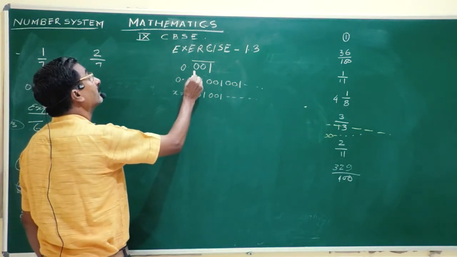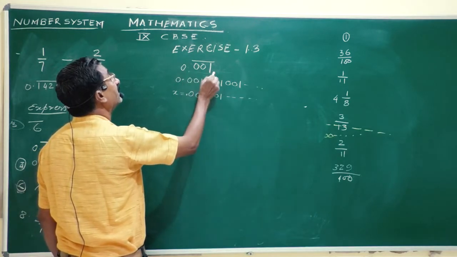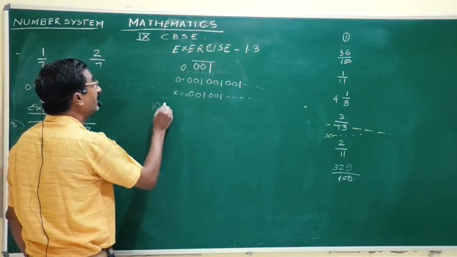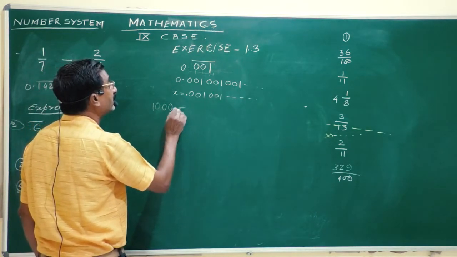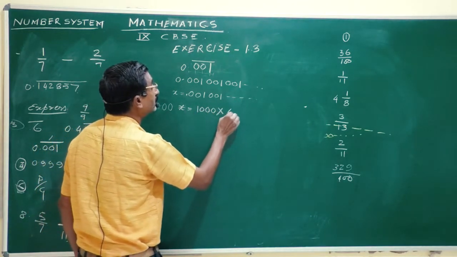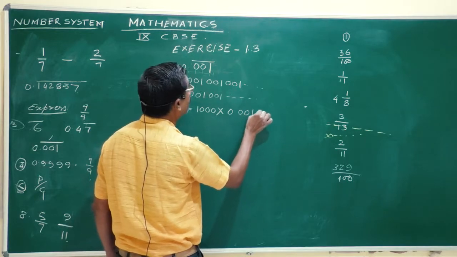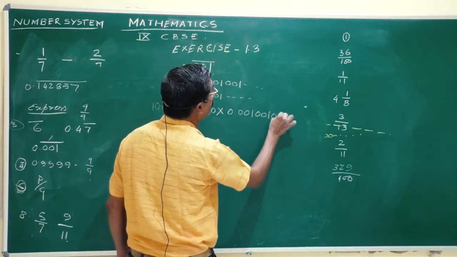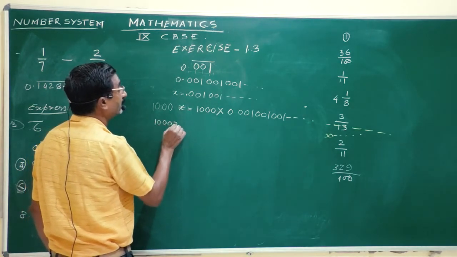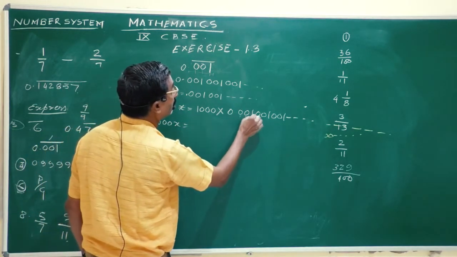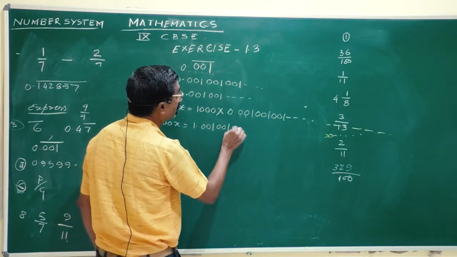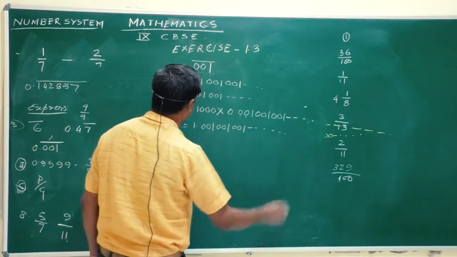What is the concept? There are 1, 2 and 3 digits, so we will multiply by 1000. 1000 into x is equal to 1.001001001 and so on.